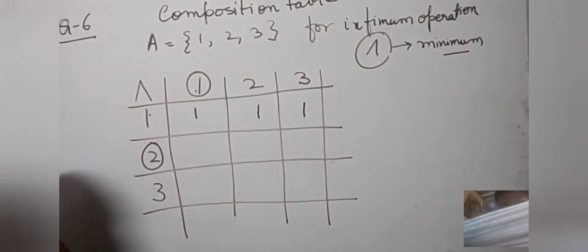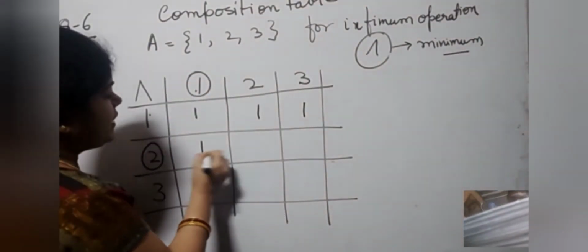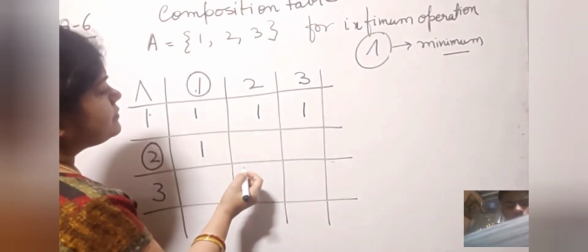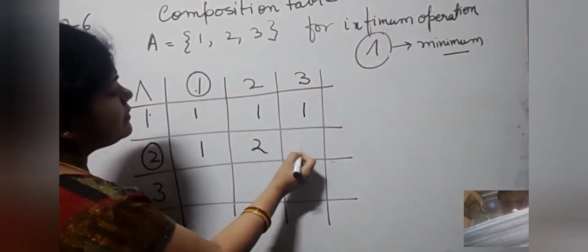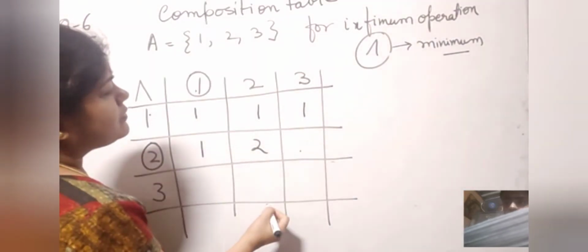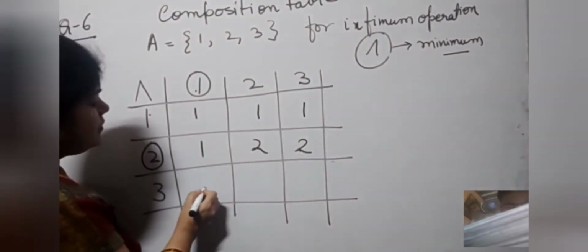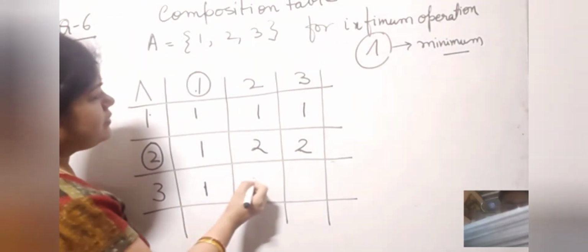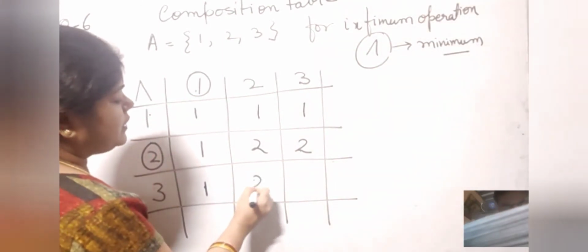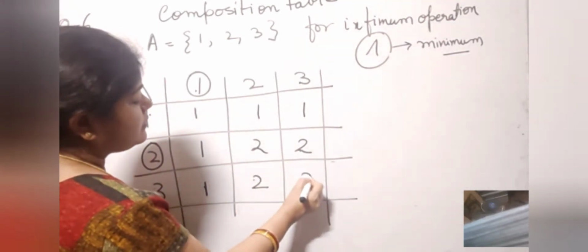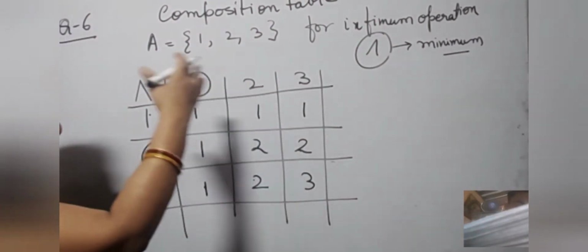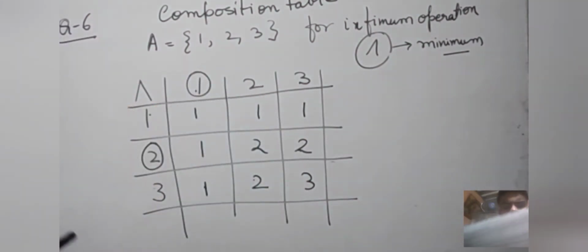Which is the minimum value? 1. Here? 2. Here? 2. Very good. Then here? 1, 2, 3. This is the composition table and this is the answer. You can check it.